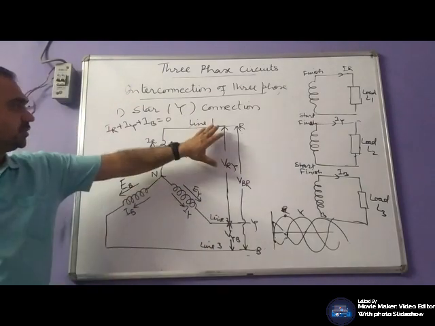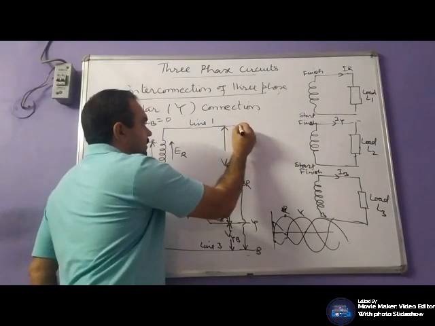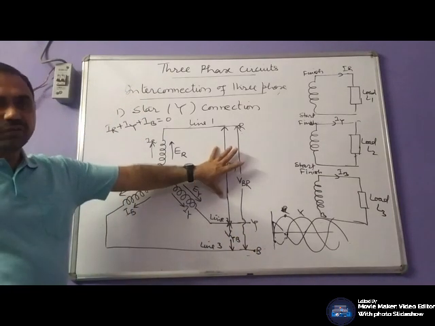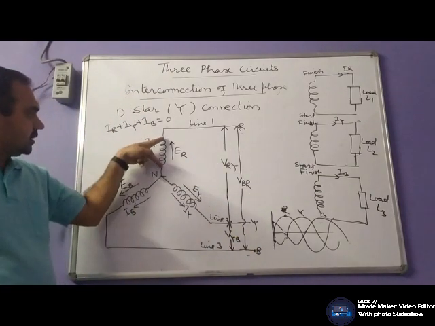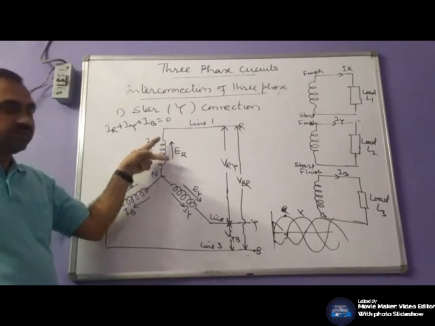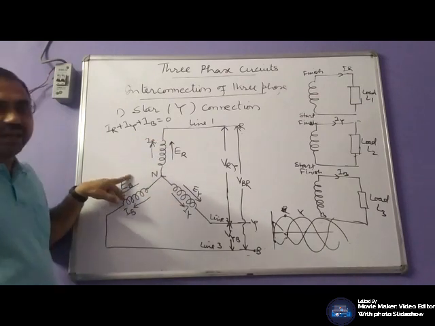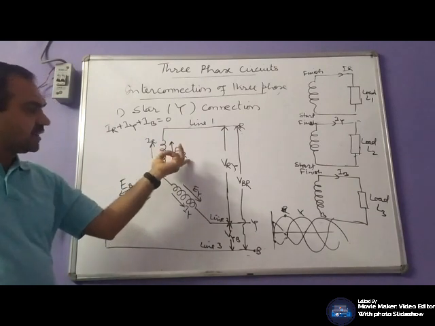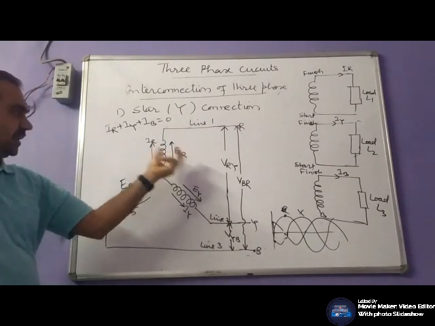These voltages between the lines are known as line voltage, and the voltage of each phase is known as phase voltage. This may be represented by ER, or that may be represented by VR.